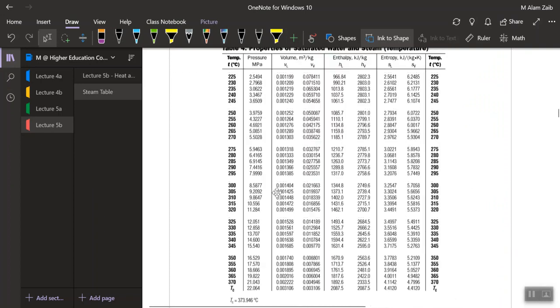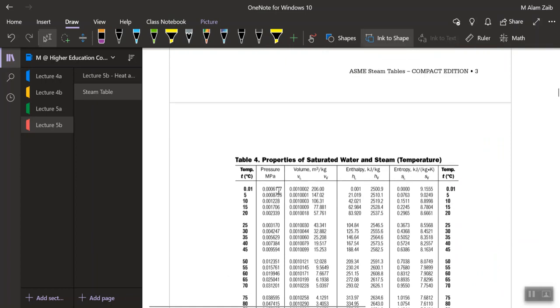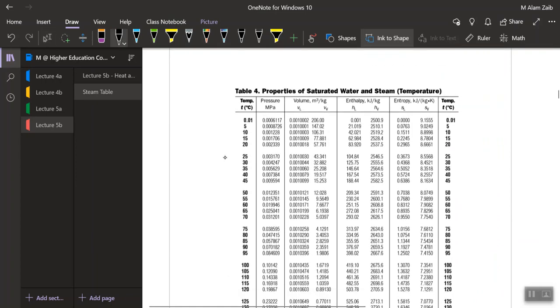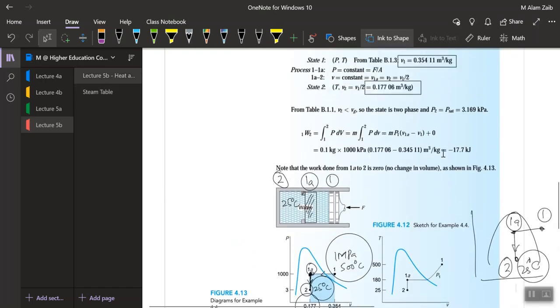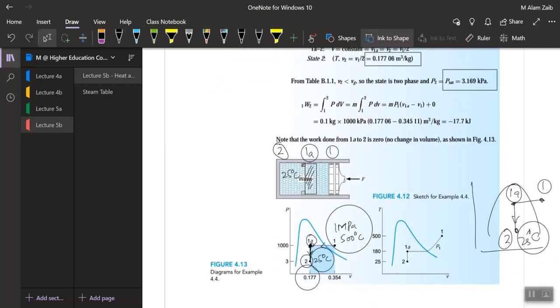So going back to the temperature table, at 25 degrees centigrade I have got a pressure of 0.003170, which is equal to 3.170 kilopascal. So our P2, which was required, the pressure at state 2, is equal to the saturation pressure, which is equal to 3.169 kilopascal.